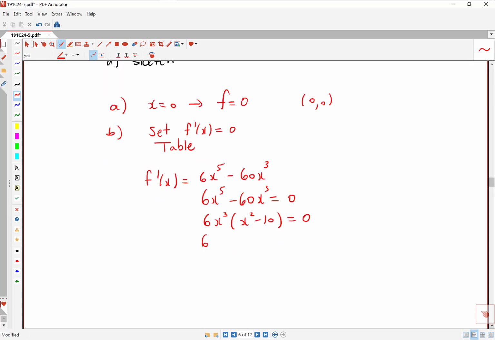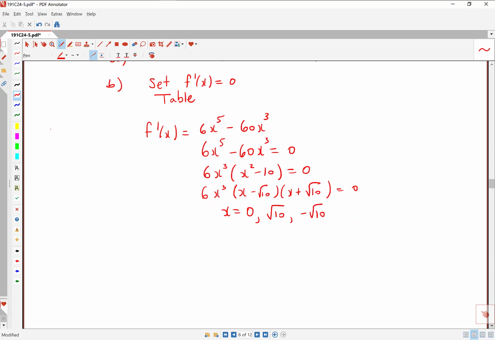And then if you like, you can factor that x squared minus 10 as x minus root 10 and x plus root 10. Okay, so there are going to be 3 different x values here that solve that equation: 0, positive root 10, and negative root 10. So these are possible relative maximum or relative min points, but the way we're going to tell for sure is we're going to make a little table.